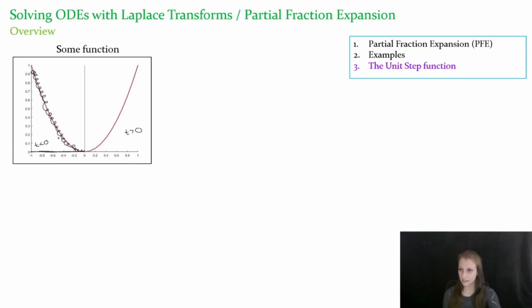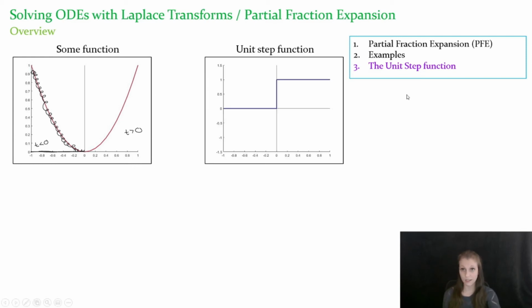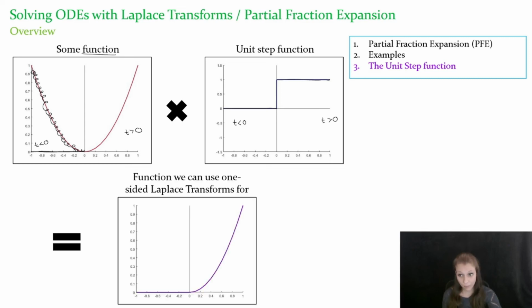And this is where we introduce the unit step. So this is what a unit step function looks like. And as you can see, for time less than 0, our function value is 0. And for time greater than 0, our function value is 1. So if we take this function and multiply it by the unit step, we will get something that looks like this.